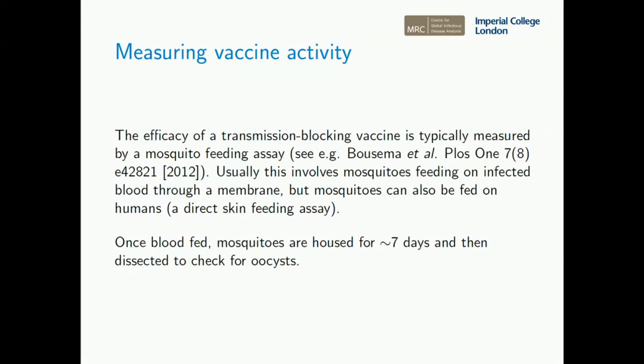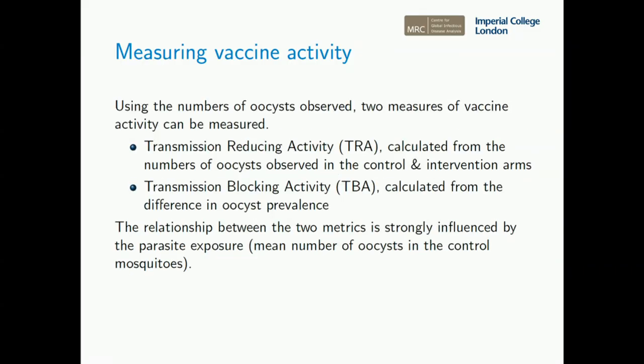This can be feeding mosquitoes on infected blood through a membrane, but it's also possible to do direct skin feeding. Once mosquitoes are fed, they're housed for a number of days and then dissected to see if oocysts have formed.